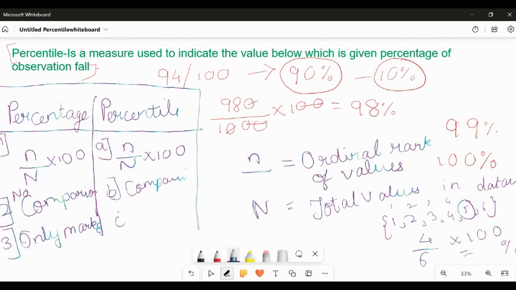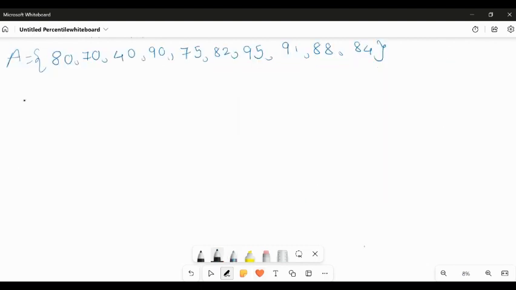Here it's not only marks, plus comparison. So this is the difference between percentage and percentile. I hope you got the difference and what the percentile is. Some part of the concept is clear, but we will still do one example to get the complete concept of percentile.